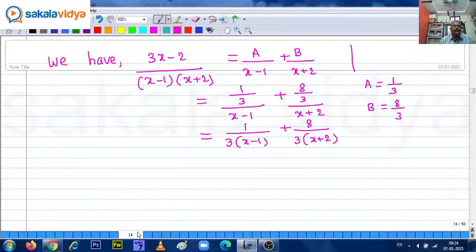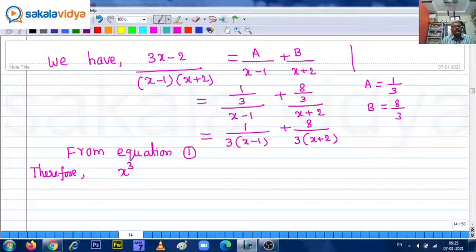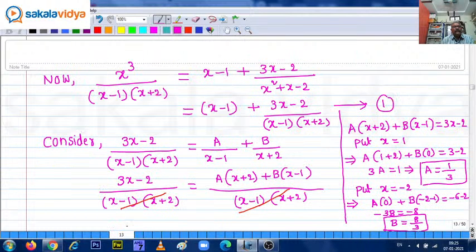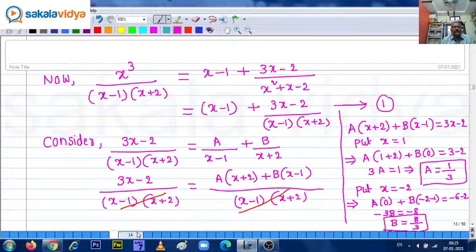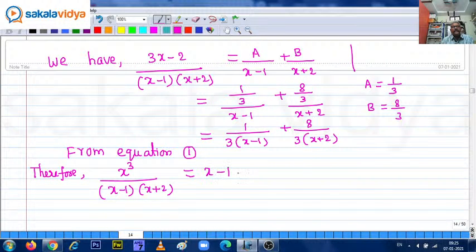So therefore, from equation 1, x cube by x minus 1 into x plus 2 equals x minus 1 plus partial fractions of this one.